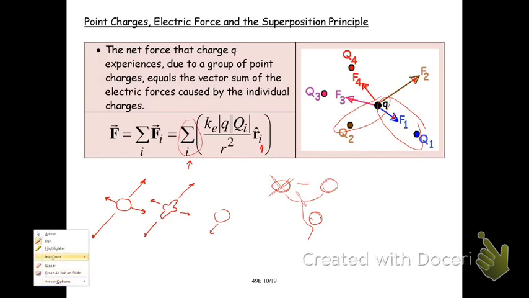Let me just ask you a bit of a background question here. Let's clean this up a bit. Just looking at this, what can you tell me about the sign of the charge Q1 compared with little q?